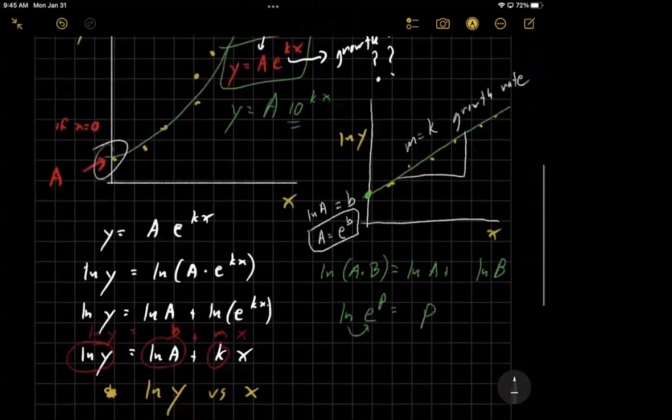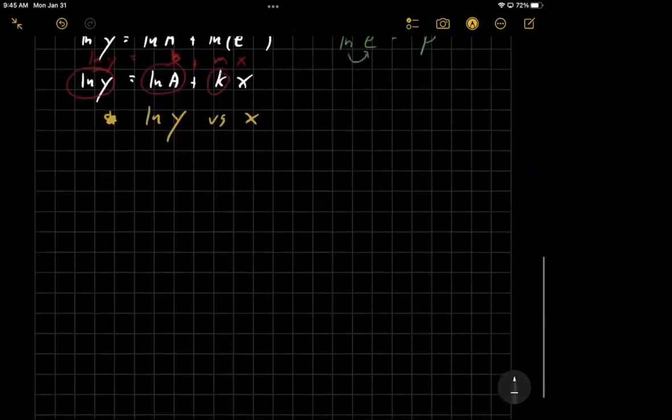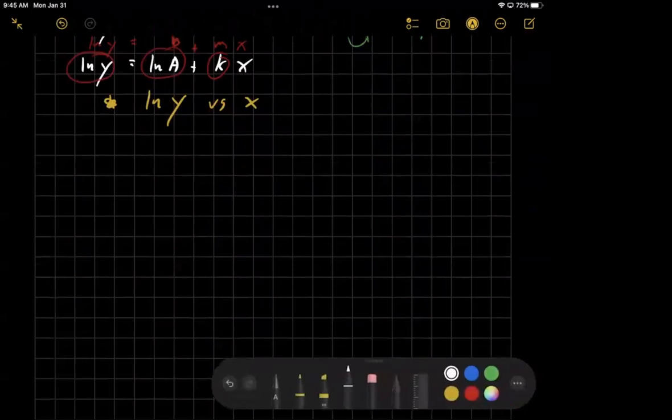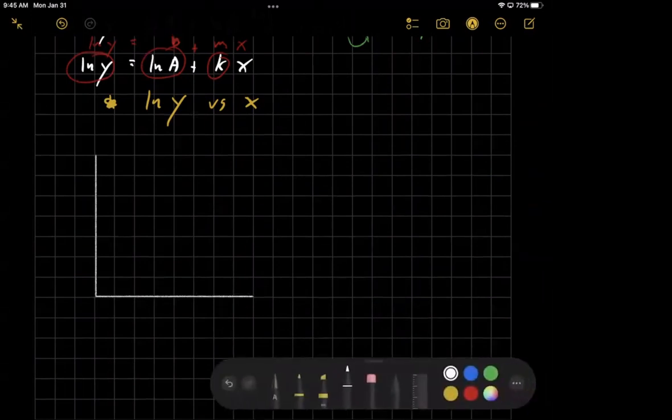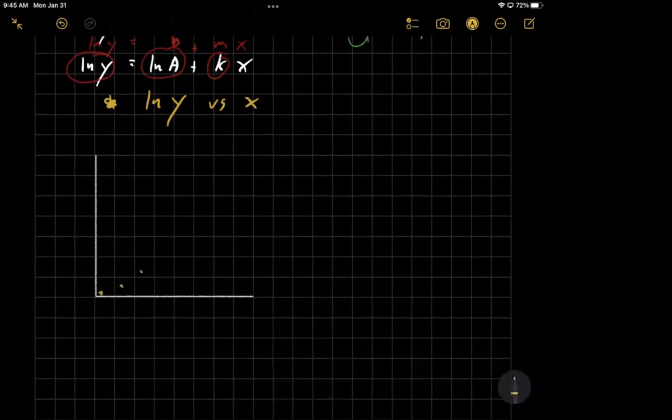Now let's use logarithms for one more type of relationship. So let me put in another set of axes here. All right, and let's say that we have data that looks something like that.